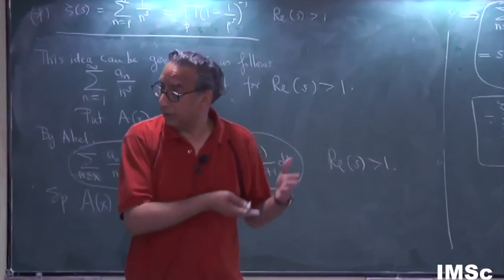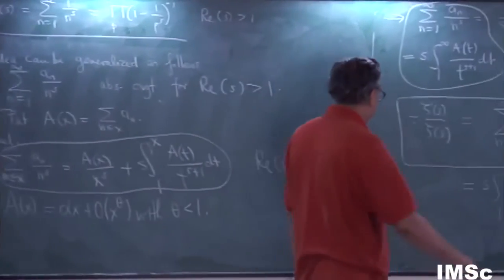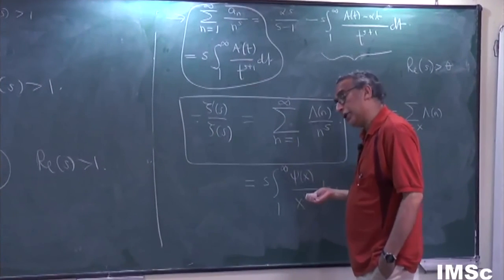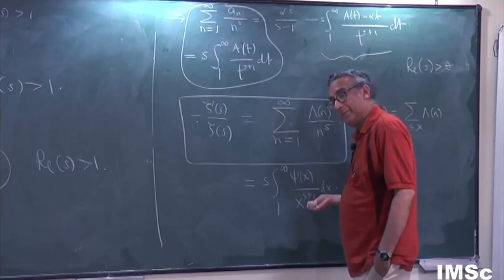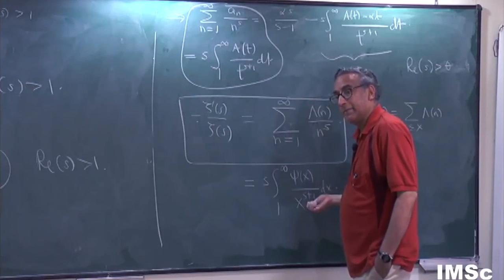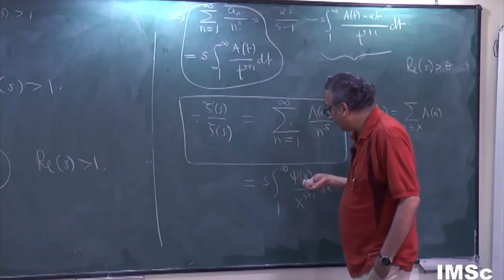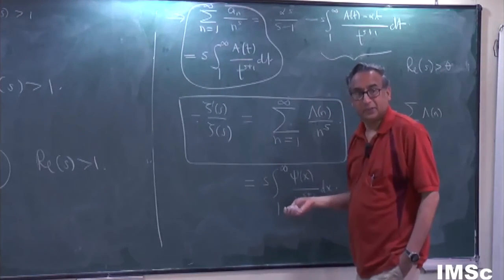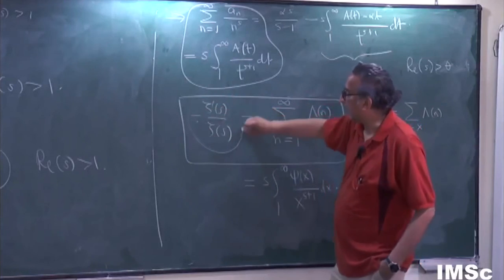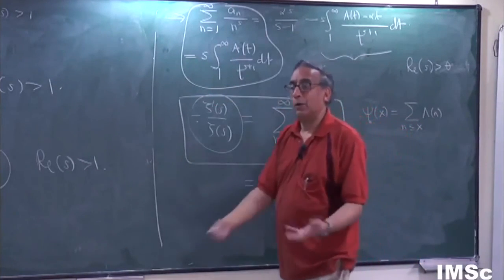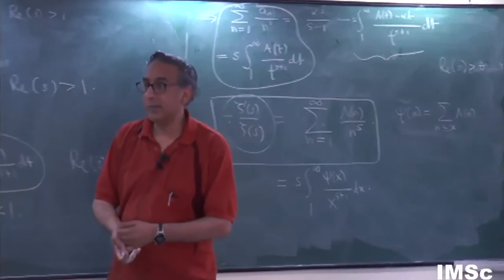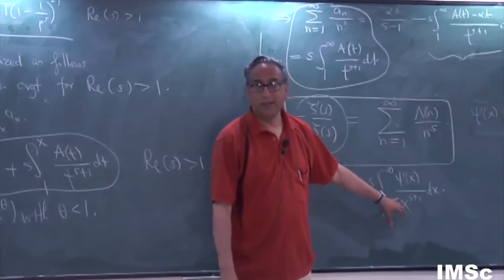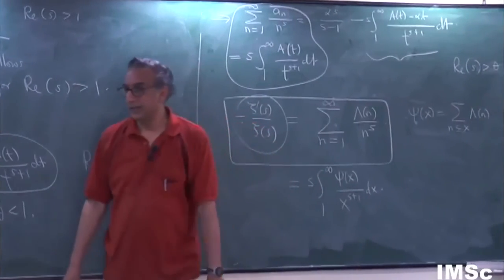I'm interested in knowing the behavior of psi of x, but sadly, psi of x is the integrand in this thing, and I'd like to somehow solve for psi of x. See, so this function zeta of s, which Riemann says holds the key to the study of prime numbers, is being expressed as a transform of the function I'm really interested in.